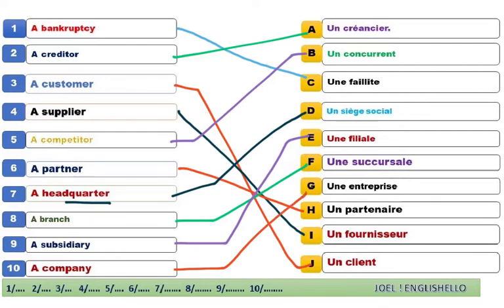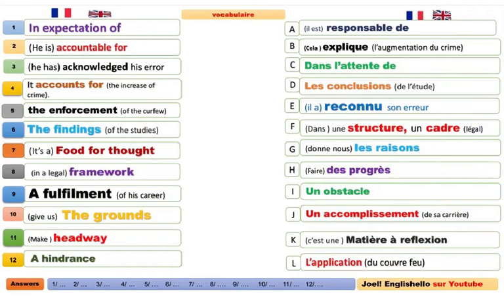In expectation of, dans l'attente de. It is accountable for this. Il est responsable de ça. Acknowledge.